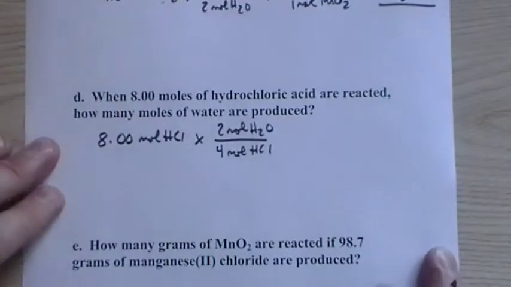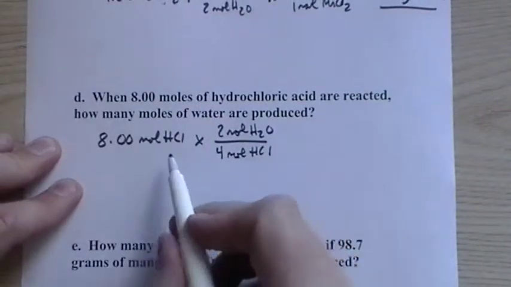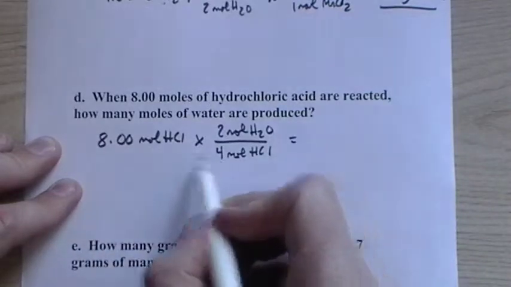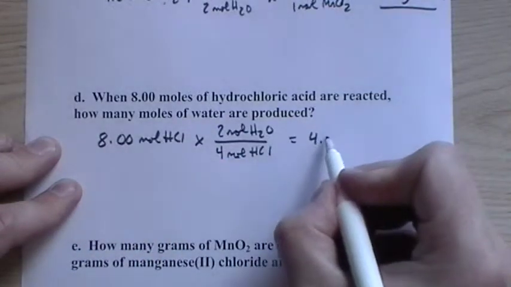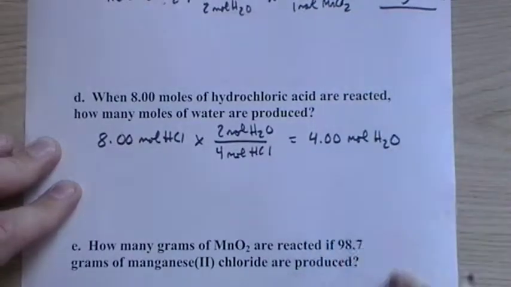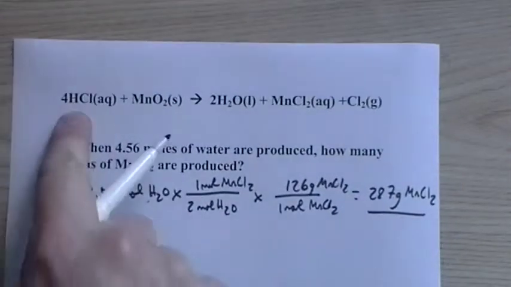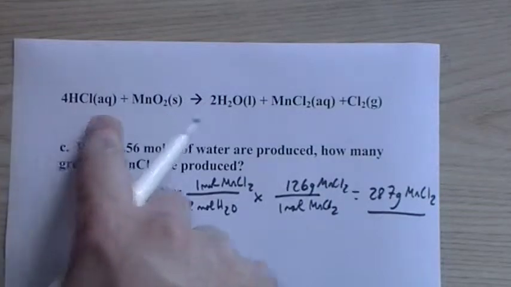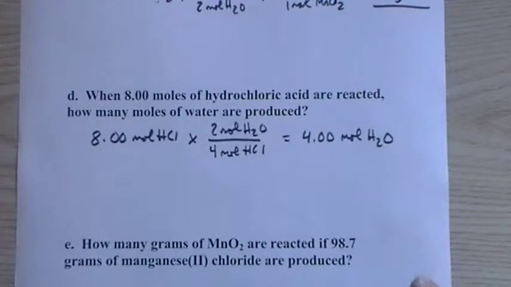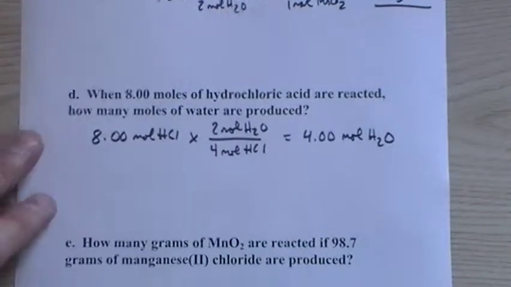It's 4 to 2. So you can write it straight out. It's 4 moles of water. That makes sense because for every 4 moles of HCl, there's 2 moles of water produced, so it's dropped in half. If you start with 8 HCl, it should be 4 moles of water.